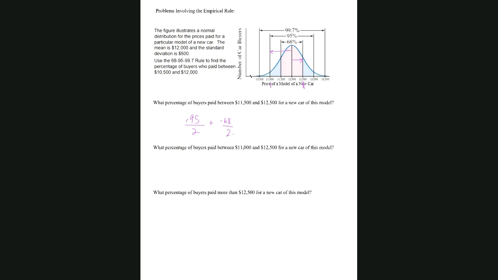So 0.95 divided by 2, that's 0.475. And 0.68 divided by 2 is 0.34.